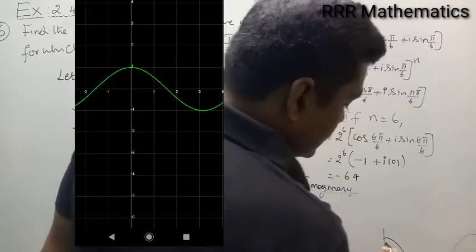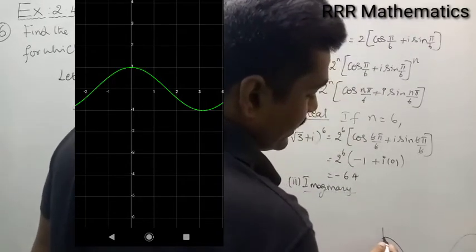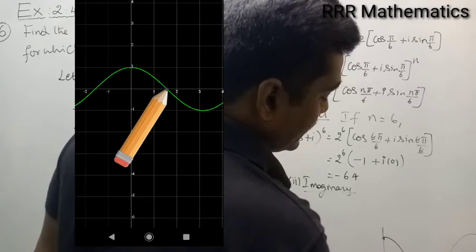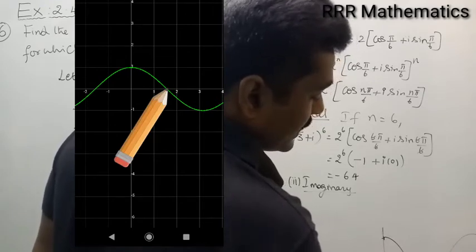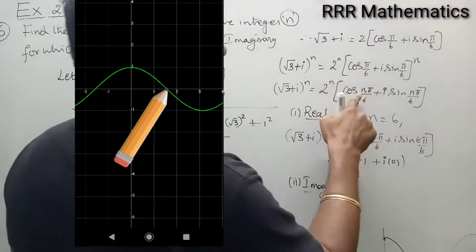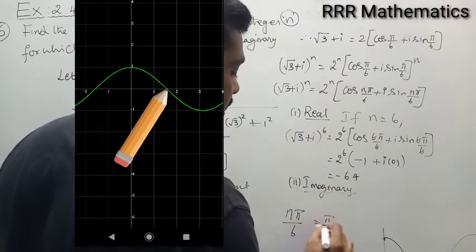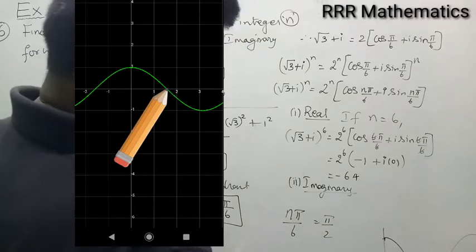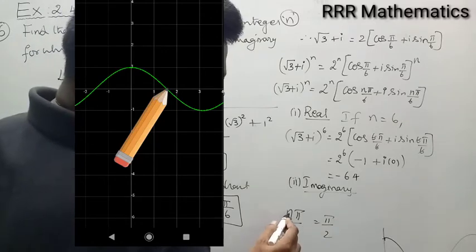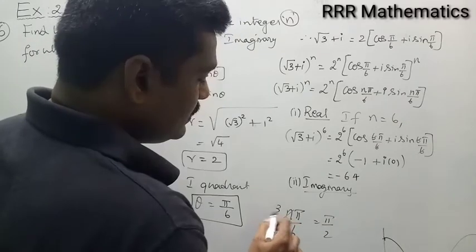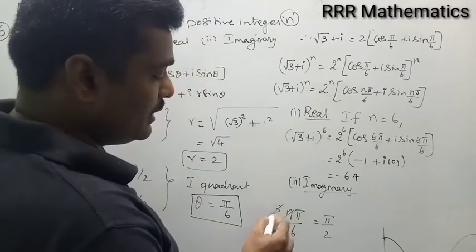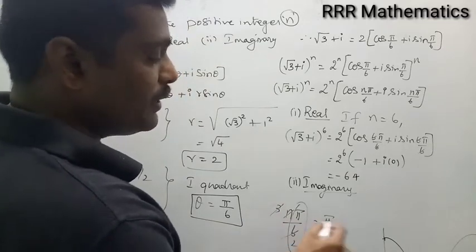It will go like this. Cos 0 degrees is 1. Cos 90 degrees will be 0. So I need 90 degrees here. What value of n will satisfy this? When you substitute n equal to 3, it becomes pi by 2.